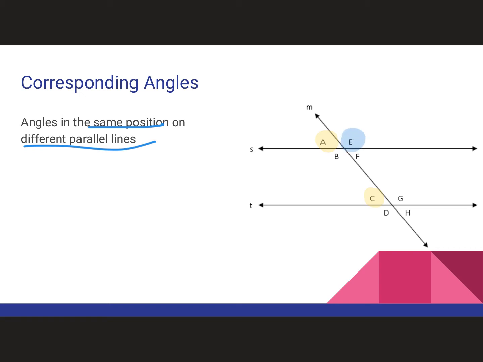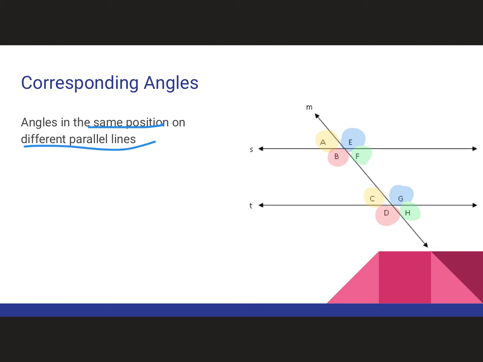Angle E would be on top of angle G, so they are corresponding angles. Angle B would be on top of angle D, so they are corresponding angles. And angle F would be on top of angle H, so they are corresponding angles.